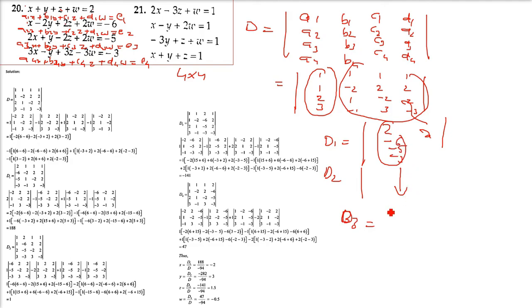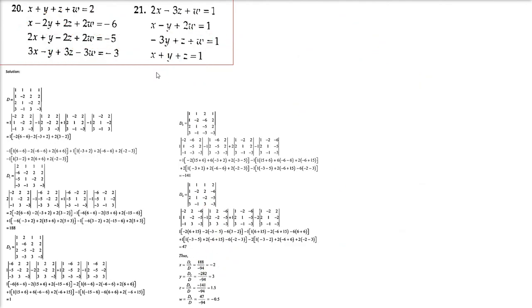The third one, so if there are 4 columns, the third will be replaced by 2, -6, -5, -3. For D4, you are going to replace the fourth column by 2, -6, -5, -3. The rest will remain as it was in D. So it will take some time, but x will be D1 by D, y is D2 by D, z is D3 by D, and w is D4 by D. Okay.